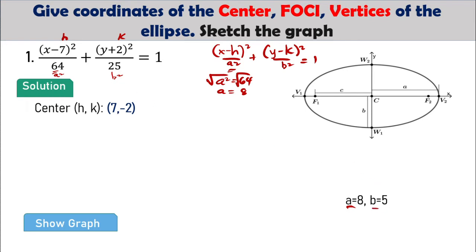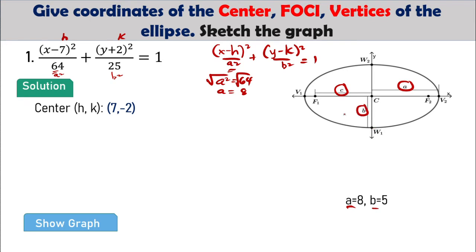Okay? So, next. In the diagram pala, makikita natin yung distance from the center to the vertex. That is a. Tapos, yung distance naman from center to the focus is given by c. Tapos, yung distance naman from the center to the co-vertices is given by b.